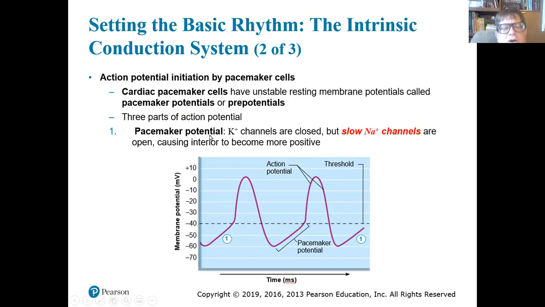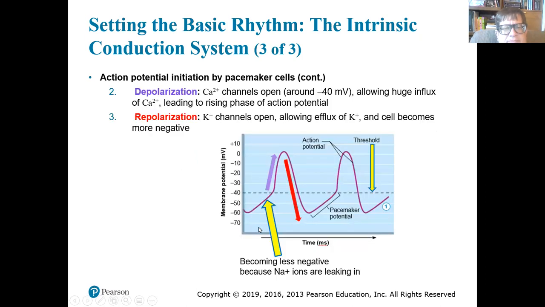So when we are looking at this going on, the potassium channels are closed, but the slow sodium channels are open, and they're allowing sodium to leak in. When that happens, you're going to get more and more positive until you finally hit the threshold.